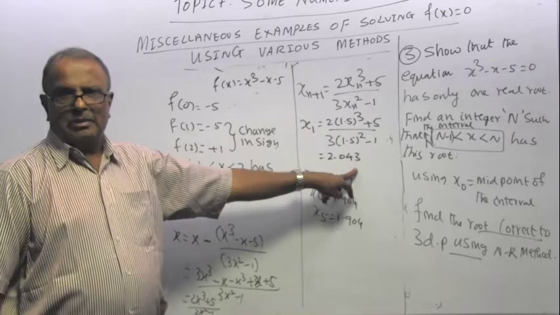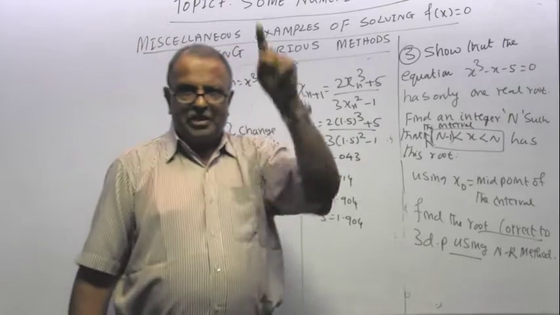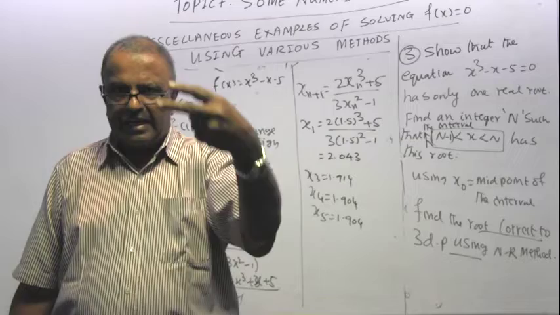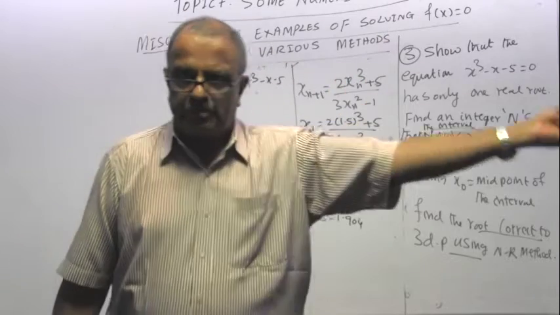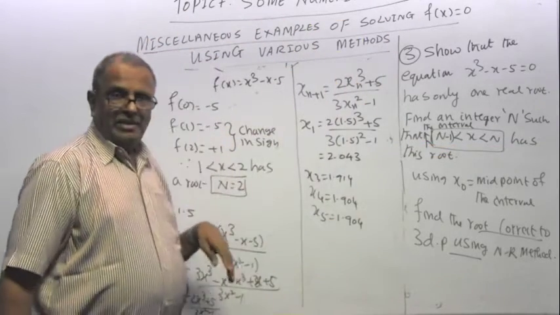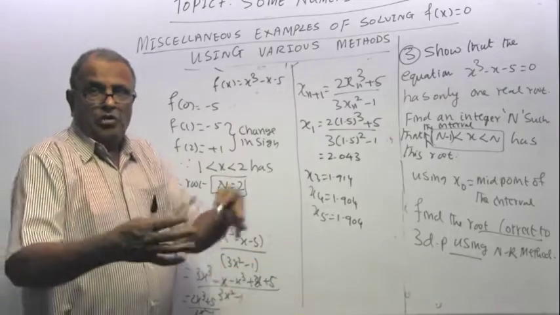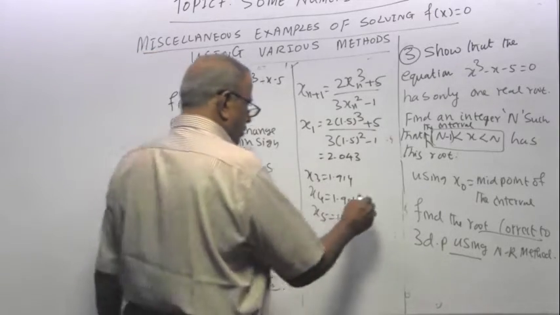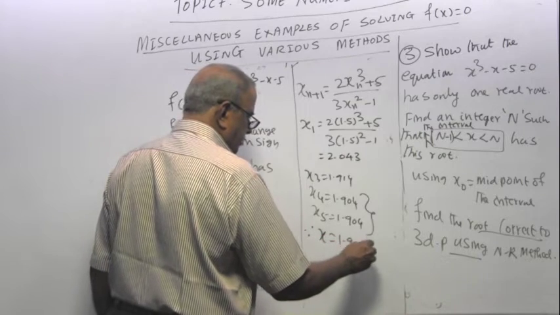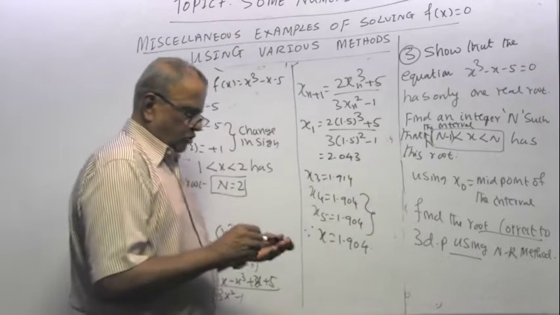You have achieved accuracy when 2 roots are identical to the same number of decimal places. You must go on till then and show it. You don't have to prove that you have achieved. So you can say, therefore, x equal to 1.904 is the root.